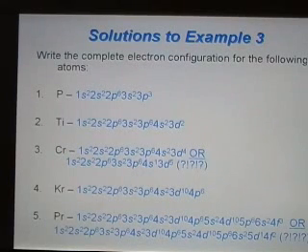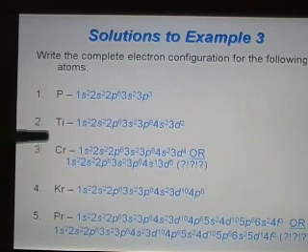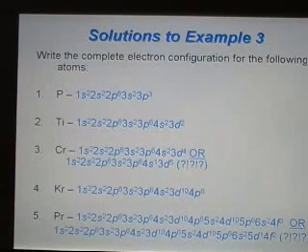Chromium has 2 possibilities, and that's what I'm showing here. Both of them have a certain set of orbitals that are filled the same. The 1s2, 2s2, 2p6, 3s2, 3p6 are the same for both electron configurations.